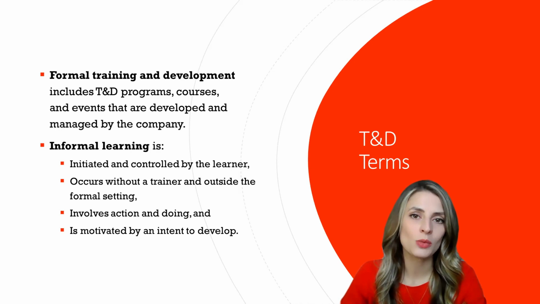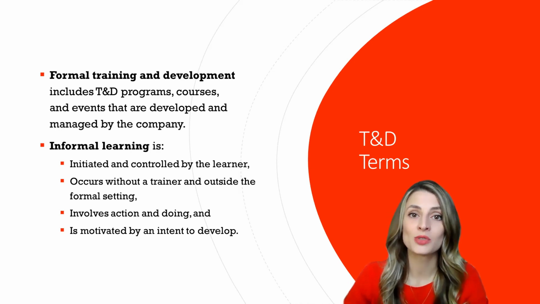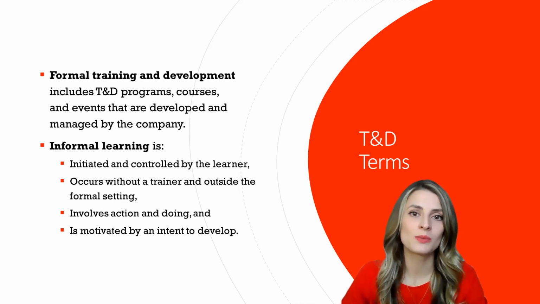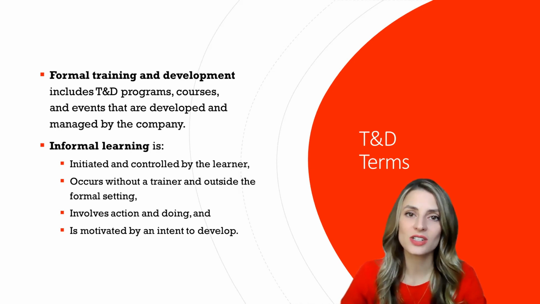For instance, informal learning can occur within a mentoring relationship. Not all mentoring programs are formal programs. Sometimes companies will pair a seasoned, tenured employee with a lower level, newer employee and simply ask that they stay in contact.